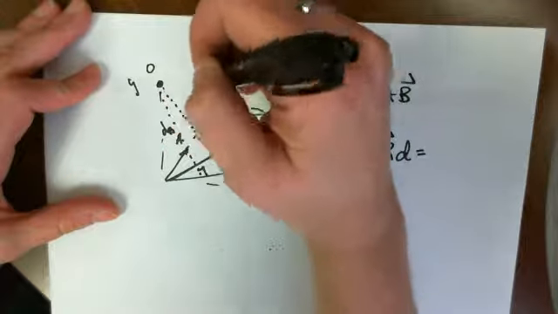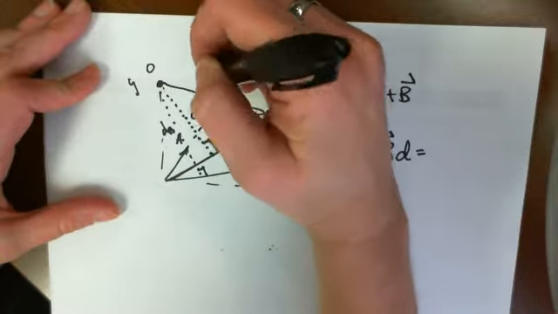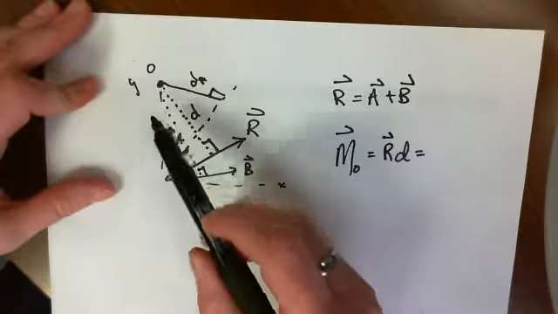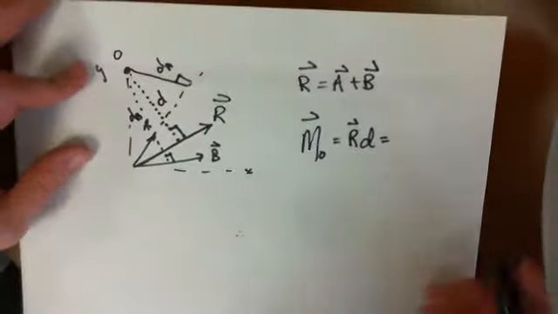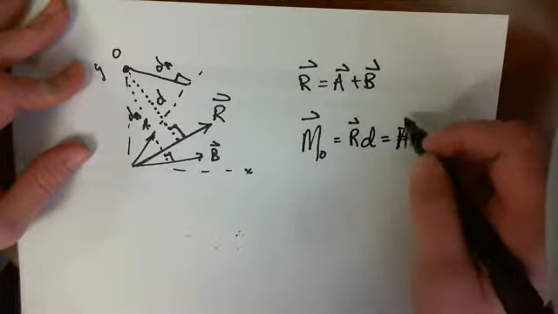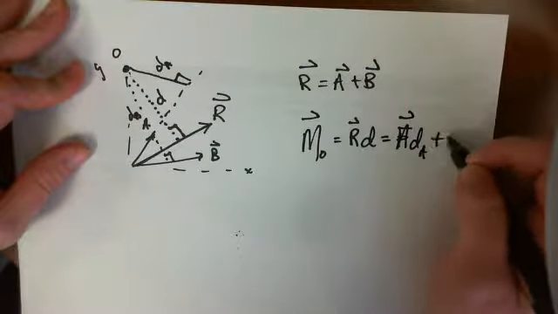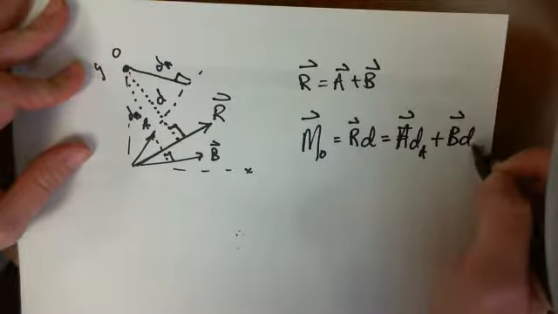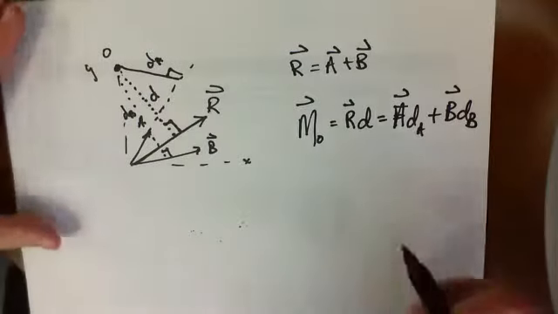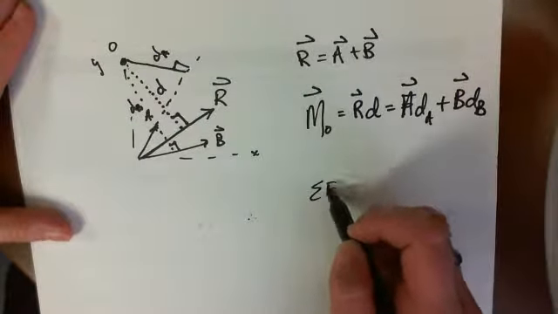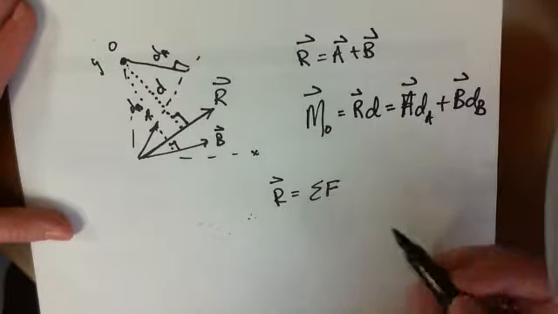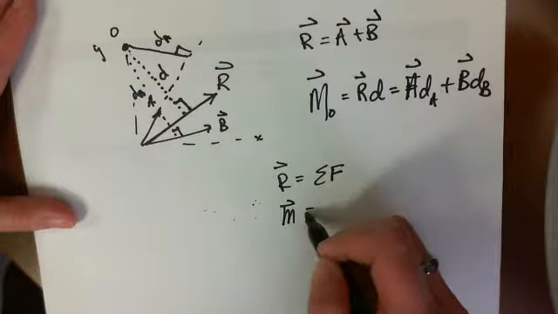So if I extend A out and take the perpendicular distance here, I have a perpendicular distance to the vector A and a perpendicular distance from 0 to the vector B. So it's just summative. So basically, in a system, we have the sum of the forces and the sum of the moments.